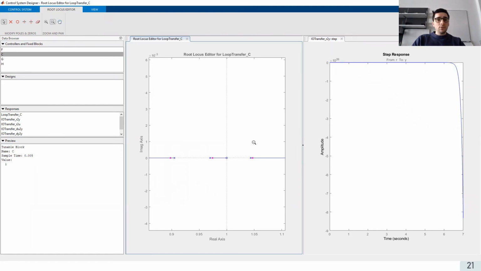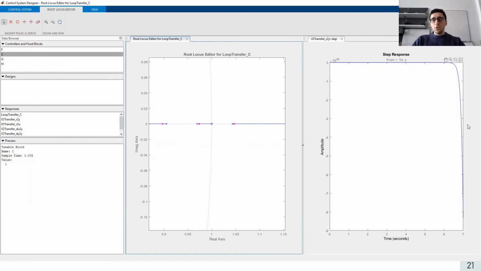And the last pole is located here. It should be 4 poles. Where is the last one? Okay, the first pole is probably overlapping with one that's already existing. So never mind here.